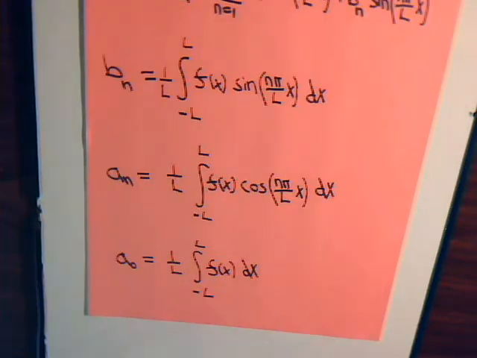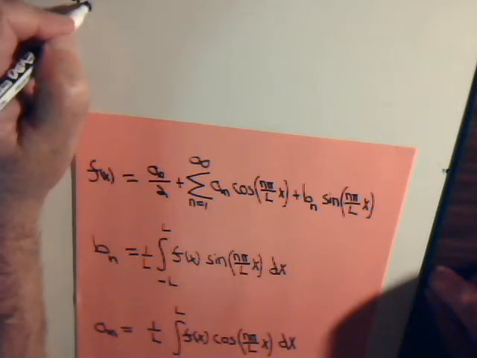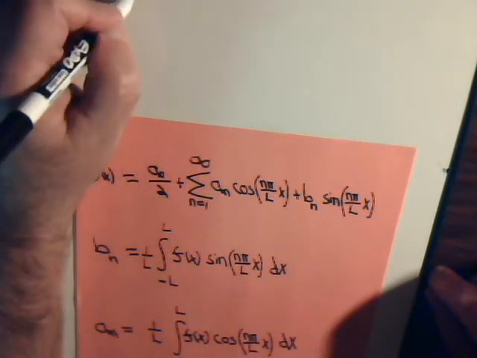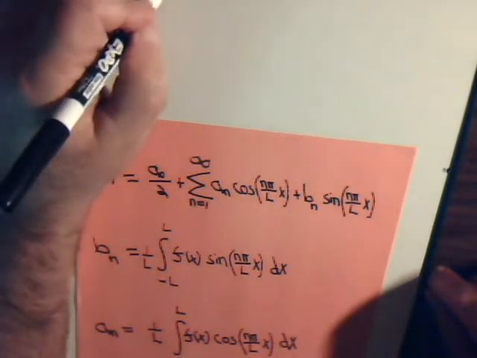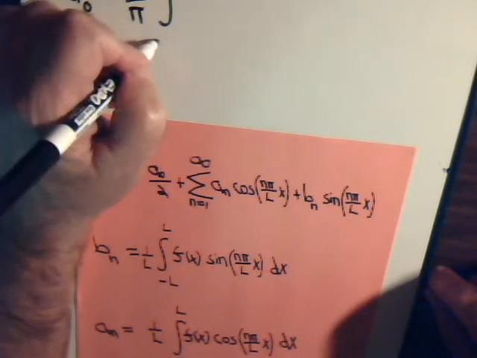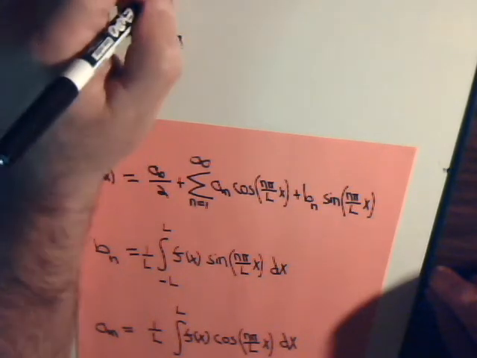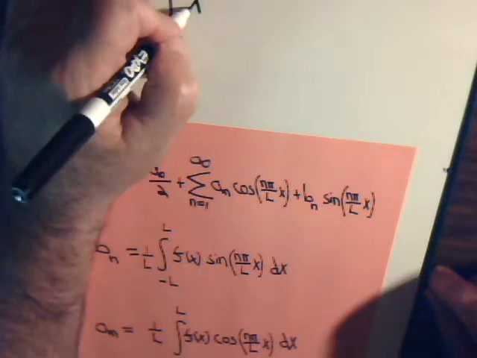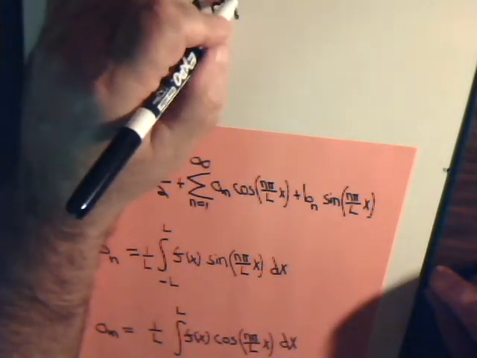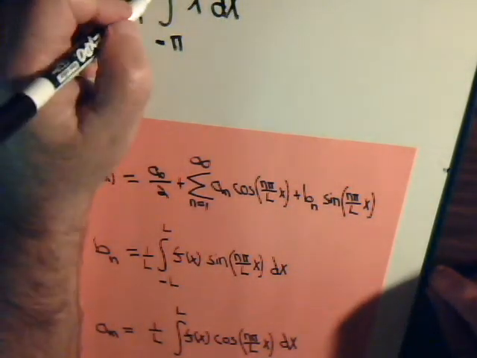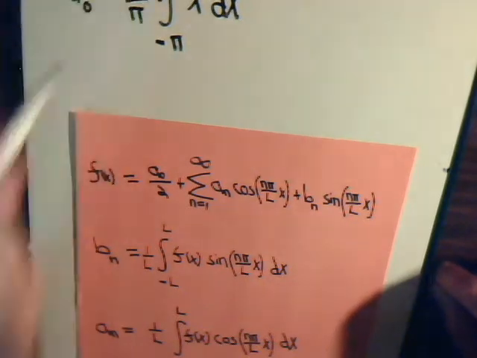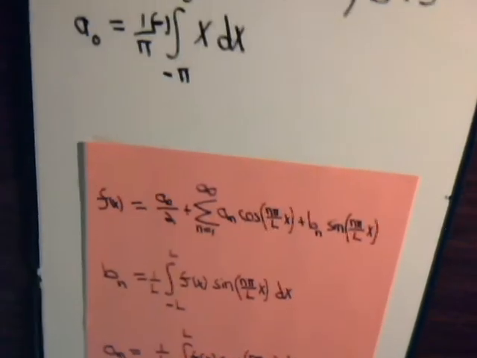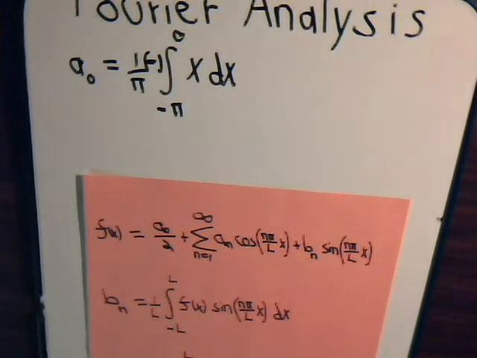So, a sub 0 equals 1 over pi, and then we have the integral from minus pi to 0 of minus x dx. Let's just take the minus sign outside.